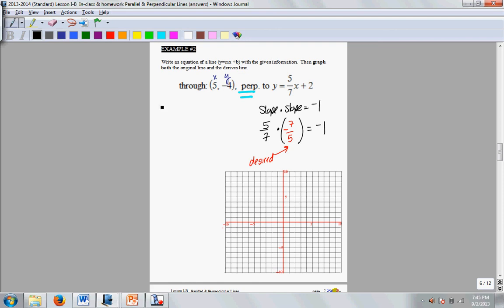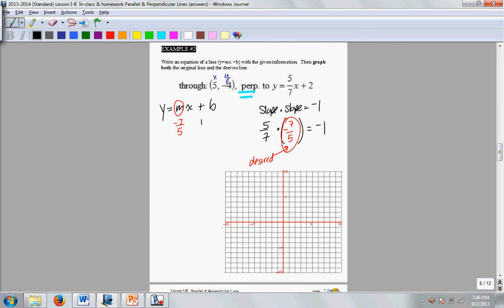So we write our equation, y equals mx plus b, circle m, circle desired slope, plug it in, -7/5.